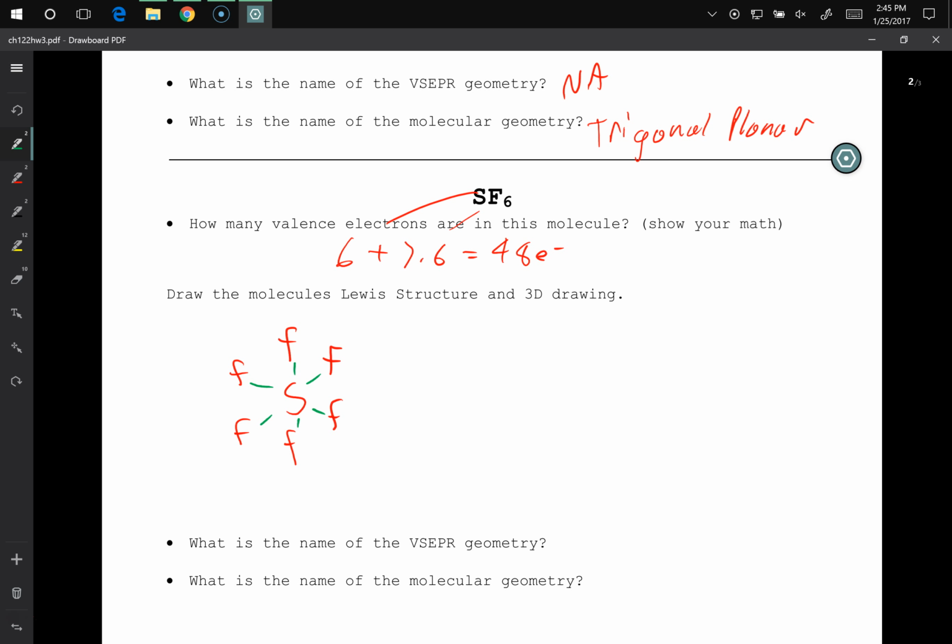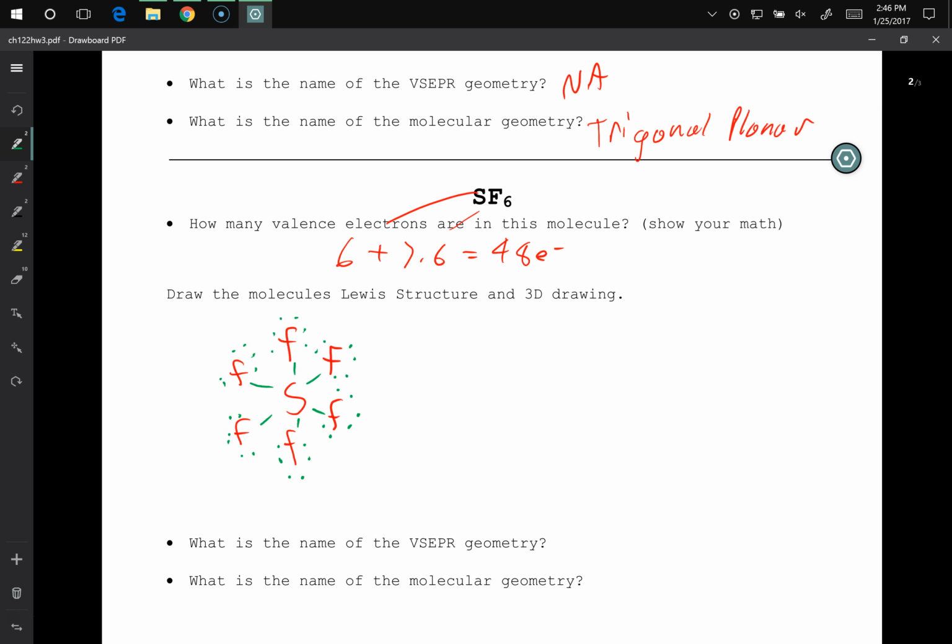Is anybody happy? Sulfur's maybe too happy, right? So I'm just going to go ahead and toss 6 electrons on each of these. And I have used all 48 of my electrons. Is this structure okay?